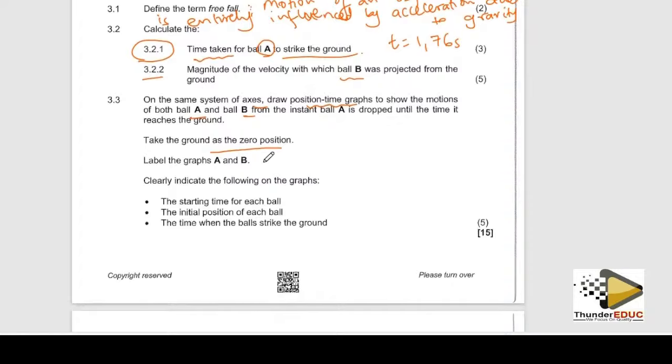We need to label the graphs A and B, and we need to indicate the following. So there is one thing we need to know. With the initial velocity of 4.66, how far is the object going to go? Let's say I'm looking for the maximum height.